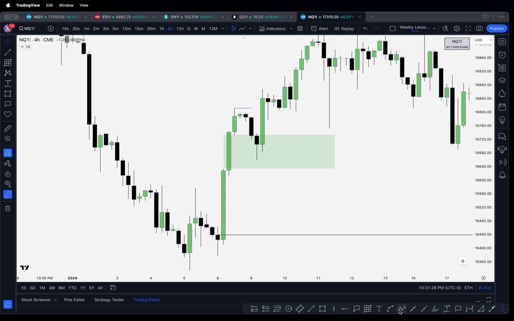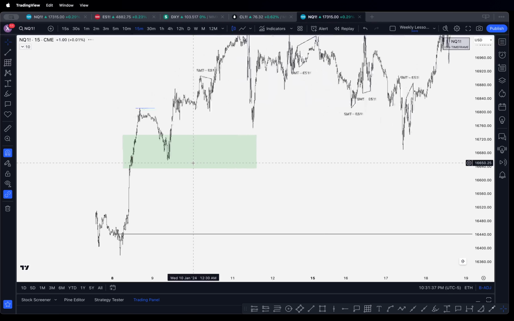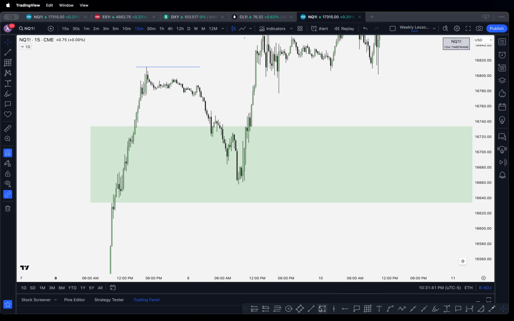What do you think price is gonna do? It's gonna create a whole buy model to target that high. Can you go to the 15 on that now, so I can just see it? Yep. God, that's so clean.